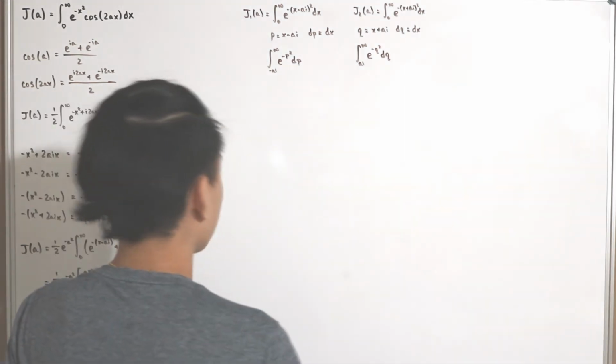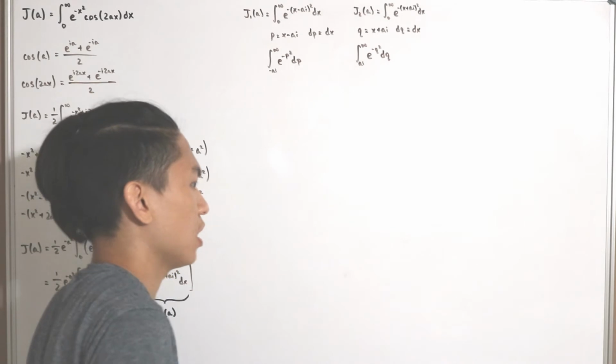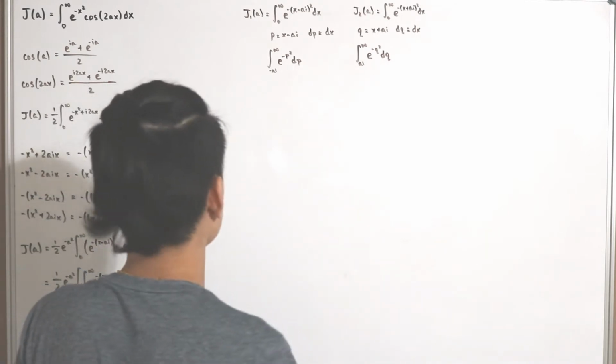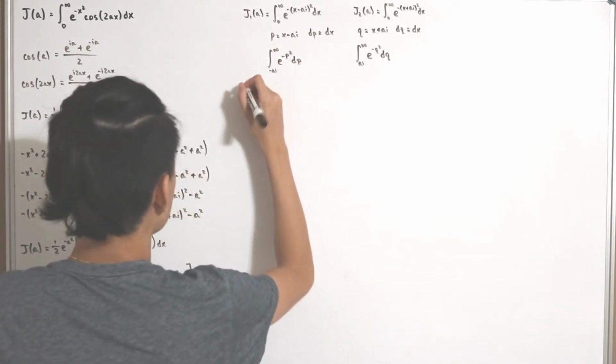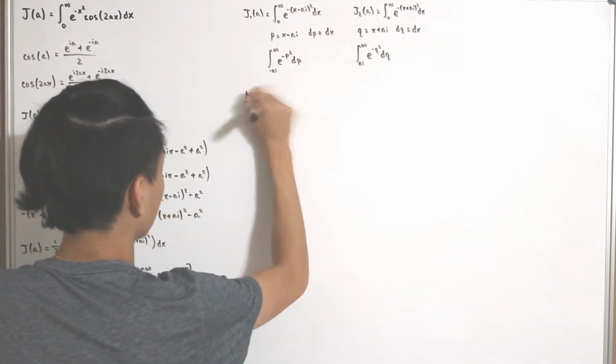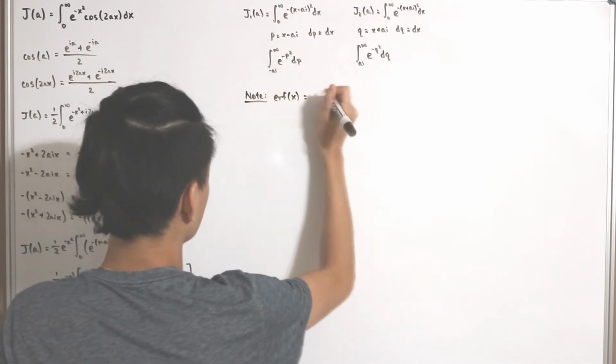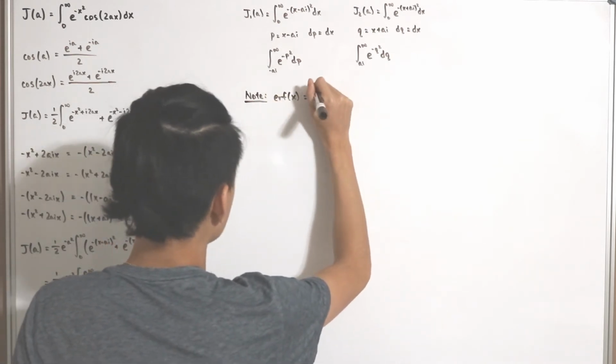Okay, for the rest of the steps, we're going to need to define the following. We note that the error function of x is equal to the following. This is the definition of the function.